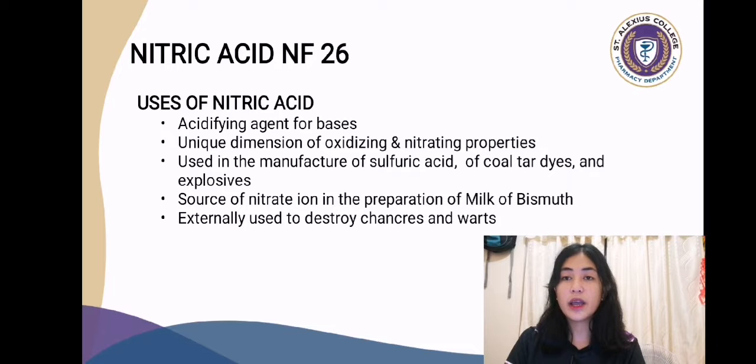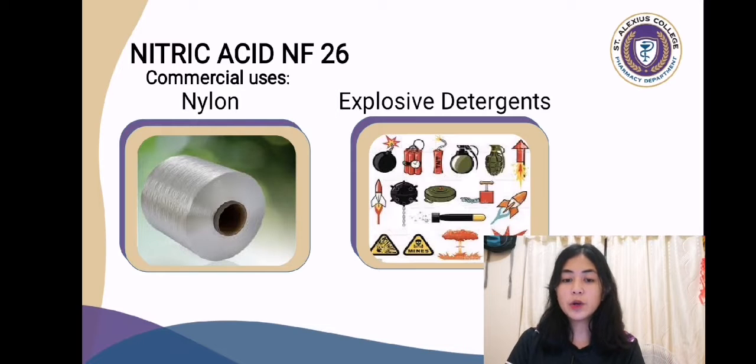It is also a source of nitrate ion in the preparation of milk of bismuth and is used externally to destroy cankers and warts. Some commercial examples of nitric acid are explosives, nylon, fertilizer, and detergent.